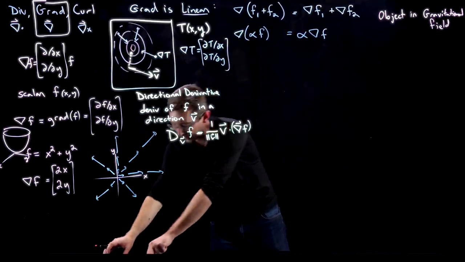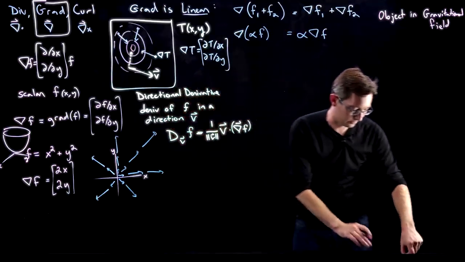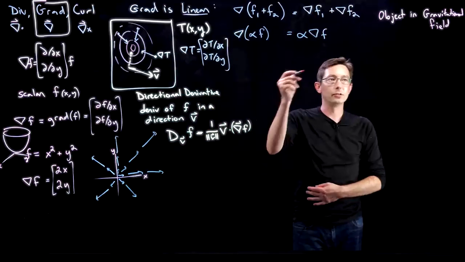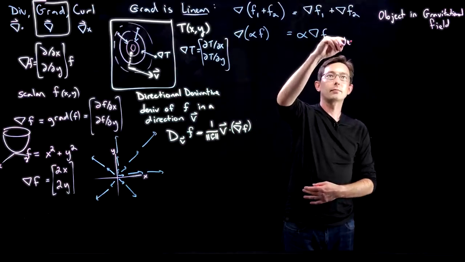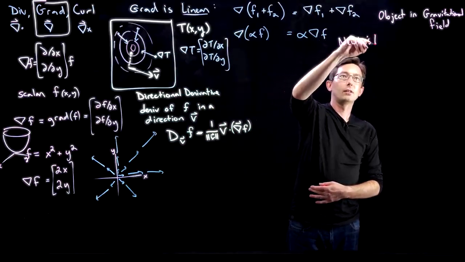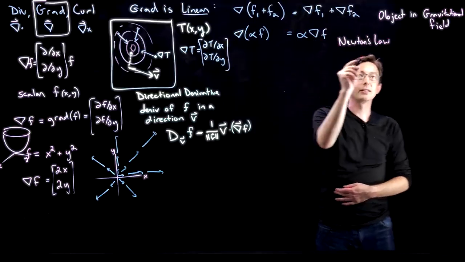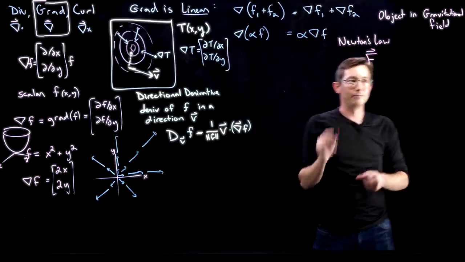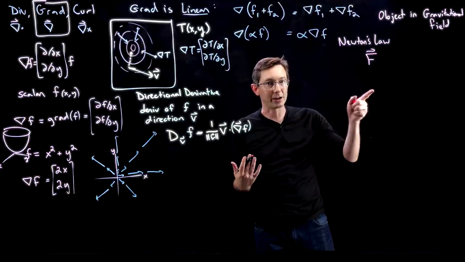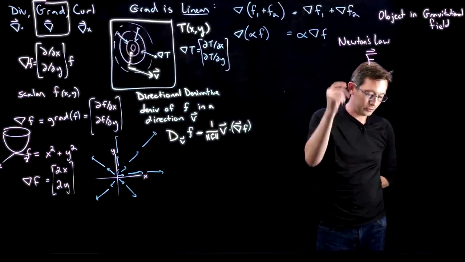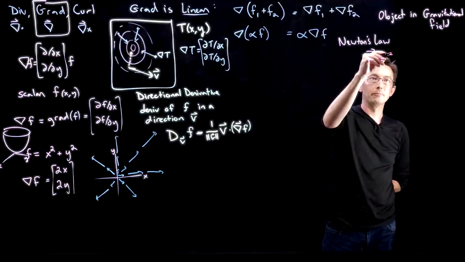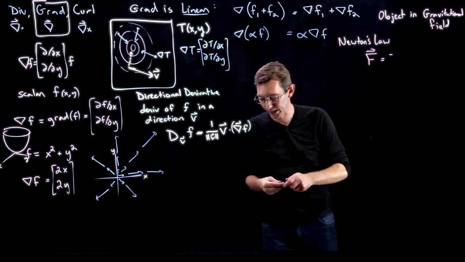Okay, and I want to try to remember how to actually do this. So we have Newton's law of gravity. Newton's law is something like the force, and remember force has a direction, it's a vector. The force is equal to, I should probably draw a planet here.